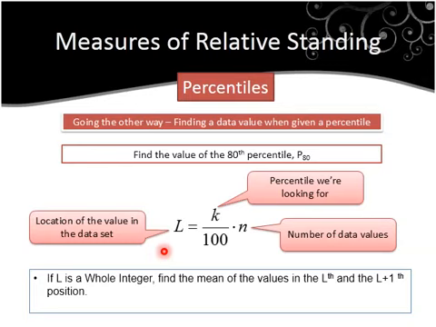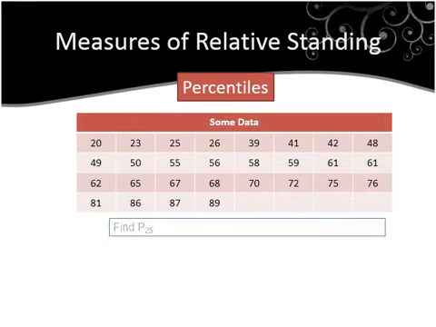So a couple notes. If L happens to be a whole integer, we're going to find the mean of the values in the Lth and the L plus 1th position. Otherwise, we're going to round L up to the next integer, and that will be our location. So here's some data. We're going to find p sub 25, or the 25th percentile. So first of all, let's find the location of the 25th percentile.